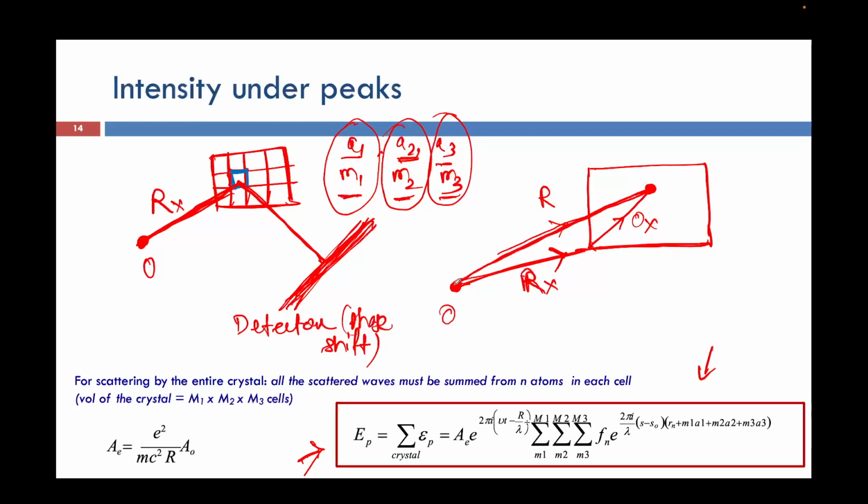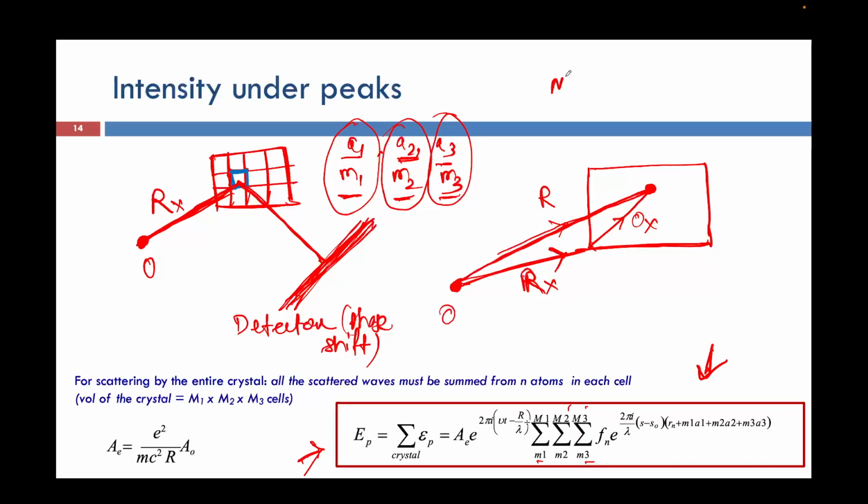So this is how I will calculate, and finally I will arrive at an expression like this: EP is equal to the summation of A E to the power of this complex expression, and here you can see M1, M2, M3. Here, as I have told, lowercase M1, M2, M3 belong to the unit cell in a particular direction.